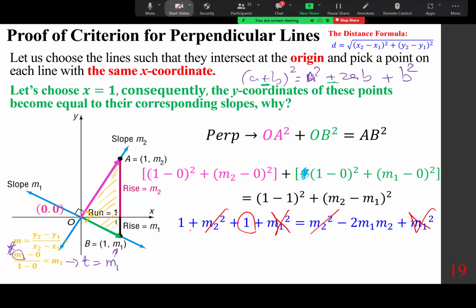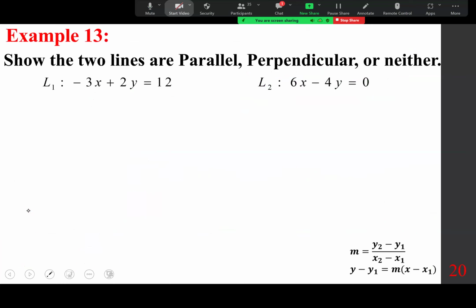The left side, we have a 2, and the right side, negative 2 m1 m2. So you can divide by 2, and you get m2 is negative 1 over m1. Believe it or not, that's the proof. If you could follow the proof, you're in good shape. I'm not going to ask you for the proof, but it's good to follow it.